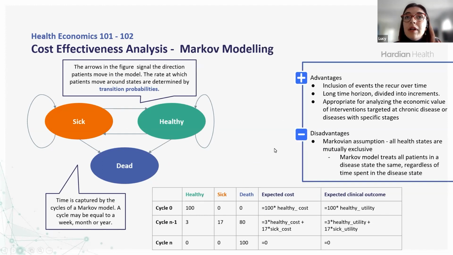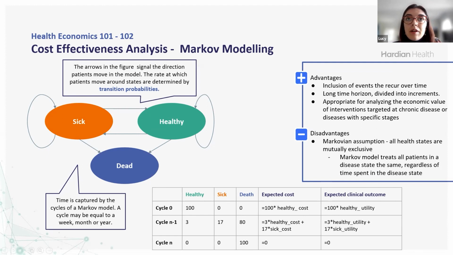But the Markov modeling approach is the second most common modeling approach for cost effectiveness analysis. The main benefit of this approach is that it overcomes the limitation of the decision tree in terms of not being able to handle the recurrence of events.